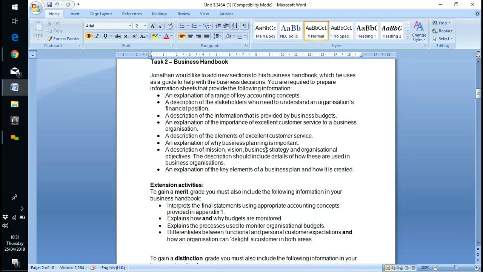A description of mission, vision, business strategy and organisational objectives. The description should include details of how these are used in business organisations and an explanation of the key elements of a business plan and how it's created.